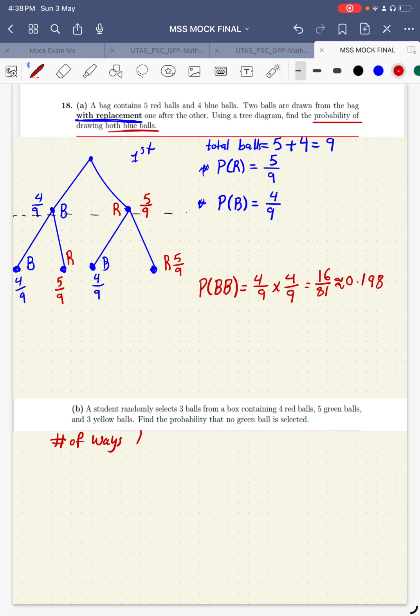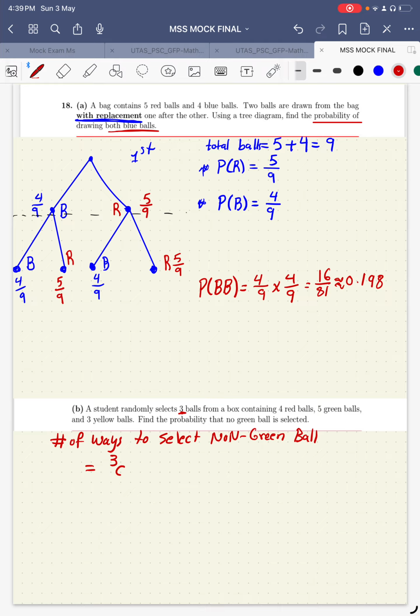So how many ways to select non-green balls? First, how many balls would I like to have? كم عدد الكور اللي سحب اللي اختارهم؟ Three, right? So I would like three balls, out of how many balls that are not green?